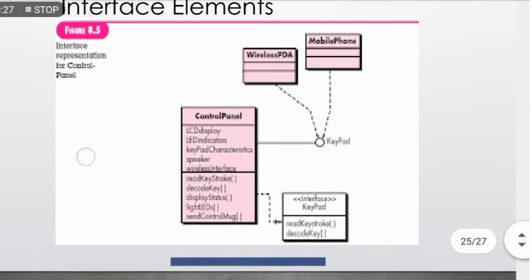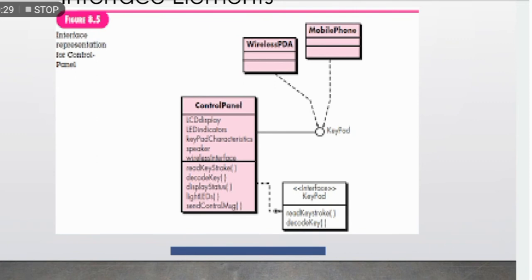That is, your control panel provides a keypad as a behavior, such as read keystroke and decode keystroke. So the control panel class provides keypad operation as a part of its behavior. This is characterized as a realization: part of the behavior of your control panel will be implemented by realizing keypad operation.